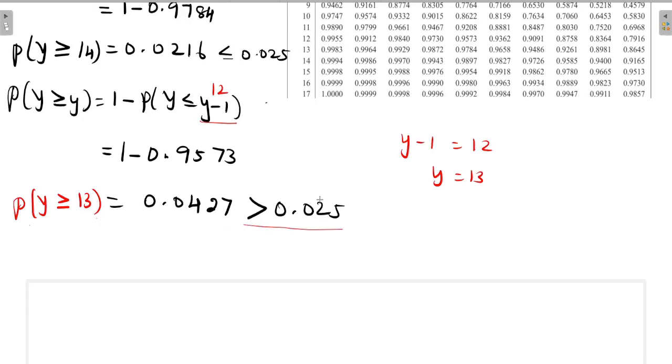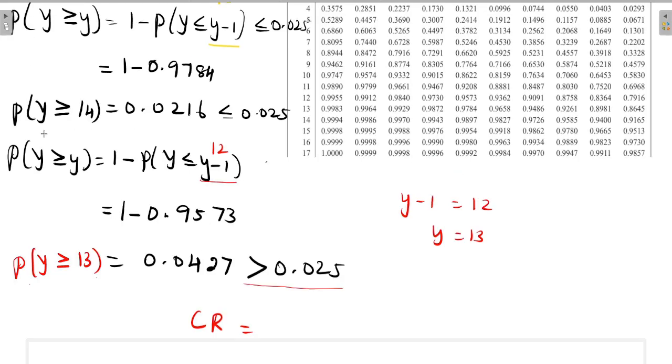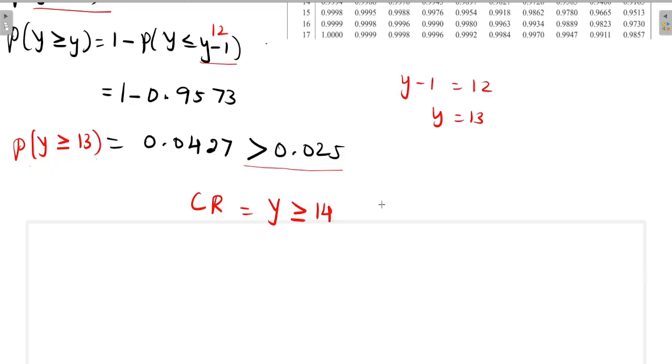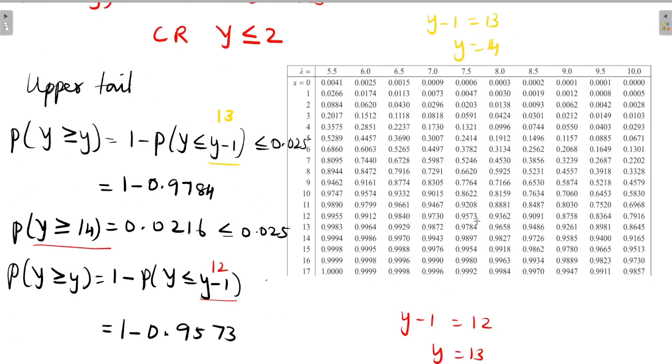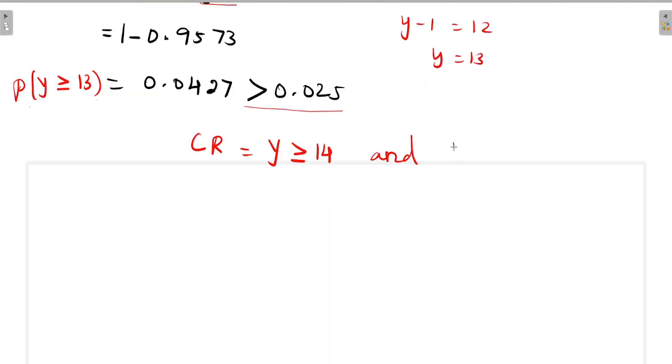So our critical region is only Y greater than or equal to 14. One critical region is Y greater than or equal to 14 and the other is Y less than or equal to 2. We found the two critical regions.